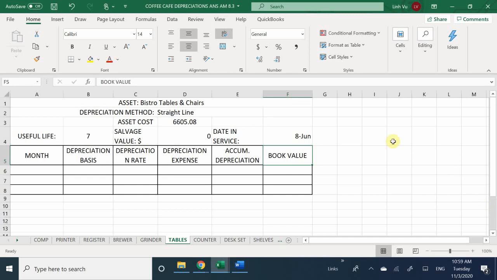So therefore, when do I depreciate it? June. So what's my depreciation basis going to be?